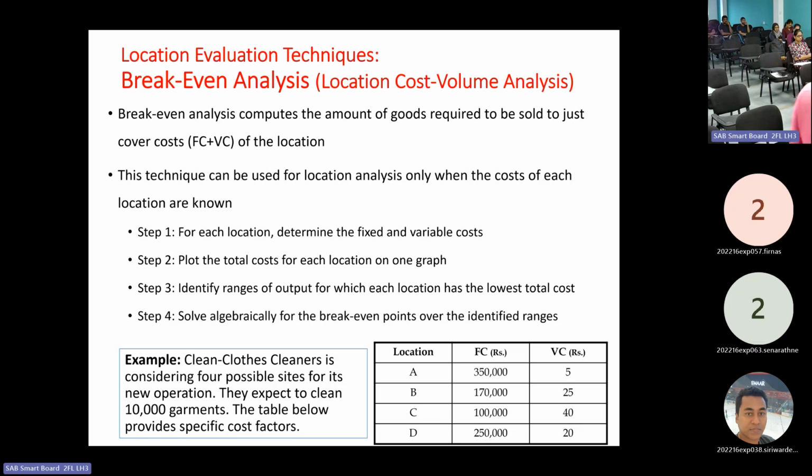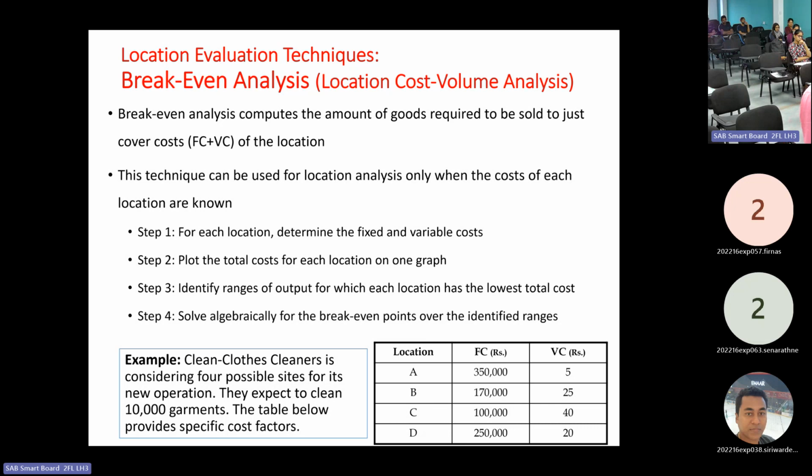Second step, we have to calculate the total cost of each location and plot those costs on one graph. You will understand it in this example. Step number 3, identify the ranges of output for which each location has the lowest total cost.